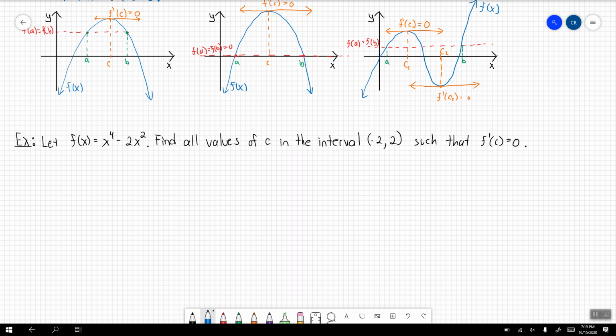Okay, so the first thing that we're going to need to check is that the function is continuous. So we're going to say f of x is a polynomial, therefore it is continuous, and I'm going to go ahead and slap this on as well, and differentiable everywhere.